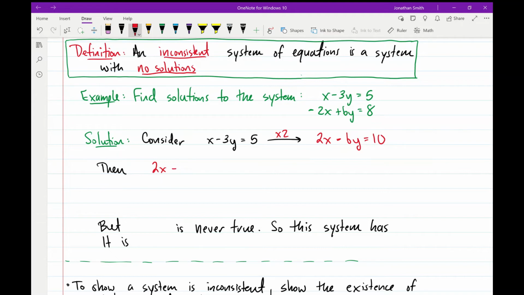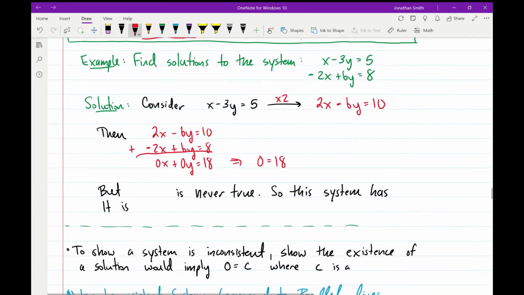So 2x minus 6y equals 10, and we add minus 2x plus 6y equals 8. We get 0x and 0y is equal to 18. So we end up with the equation 0 is equal to 18.